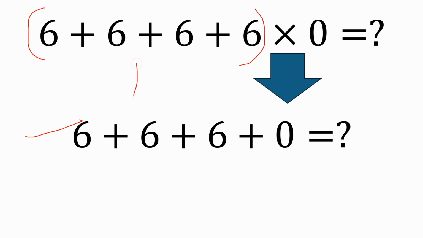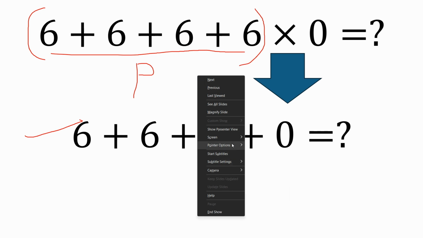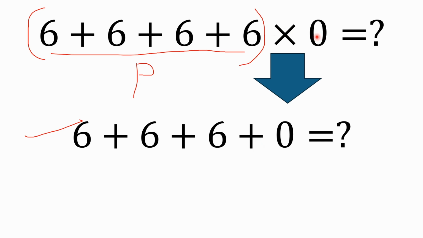Remember what we said before. P for parentheses means that you would solve everything inside of those parentheses first. So only with parentheses around here would we actually add up all these sixes and then finally multiply by 0. If we did that, then yes, the answer would be 0. But we do not have parentheses around the addition. So that means our answer is actually 18.